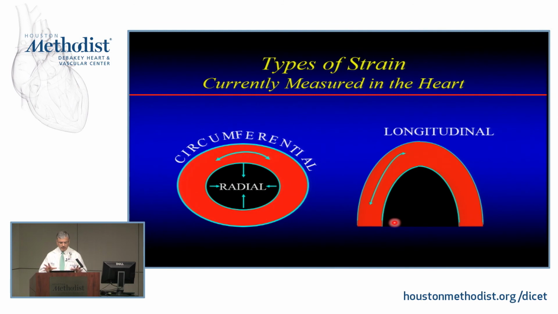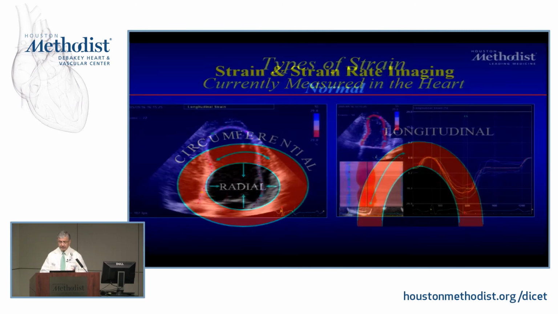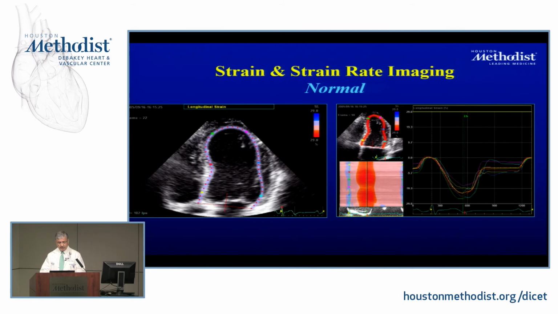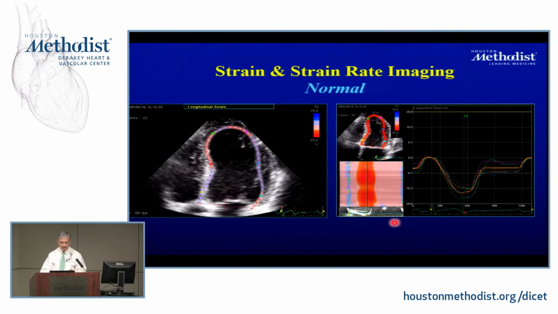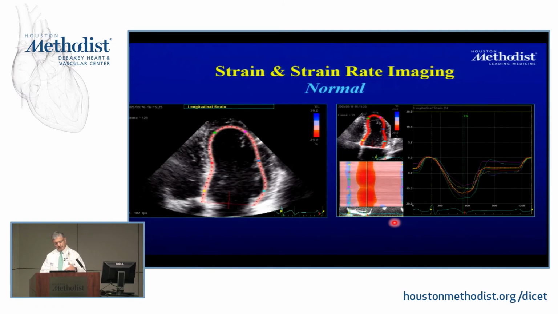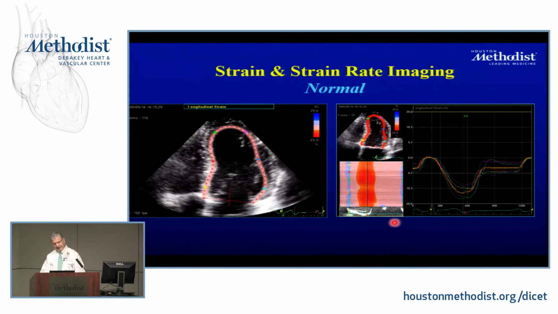We talked about longitudinal strain. There's radial strain, which is shortening, and circumferential strain, what's happening to the circumference. So these are basically the three components of it. And nowadays it's automated. You could see it very nicely, so you don't have to draw anything. In a normal, nice heart, you could see the negative strain.